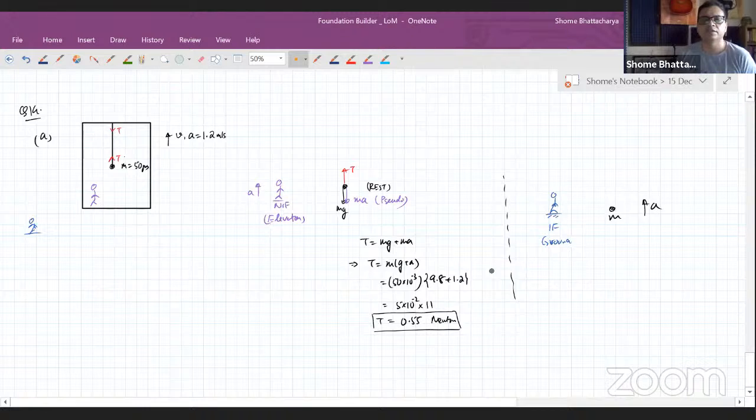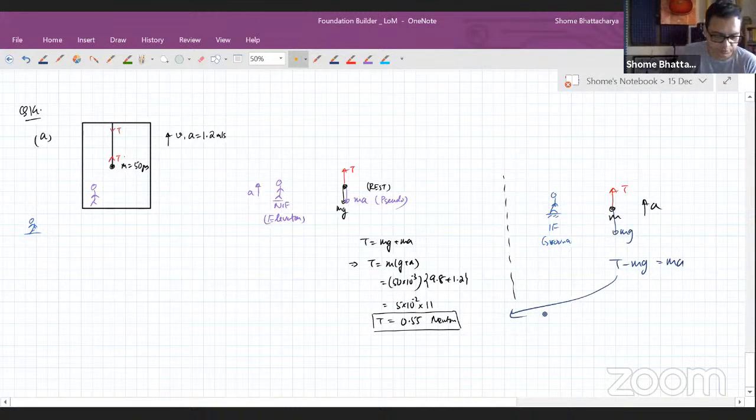For him, it will not be at rest because he's seeing it from the ground. So he will say that tension exceeds the weight. He will say T minus mg is equal to ma. So that will give him the same result. Okay, so hope the first part is clear.